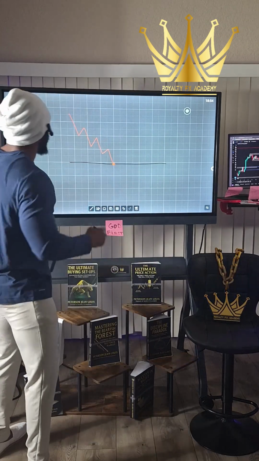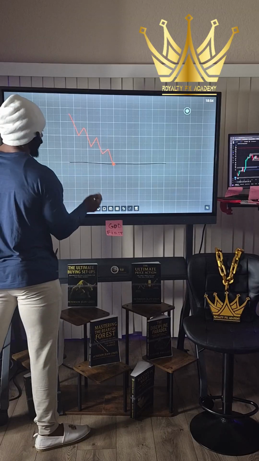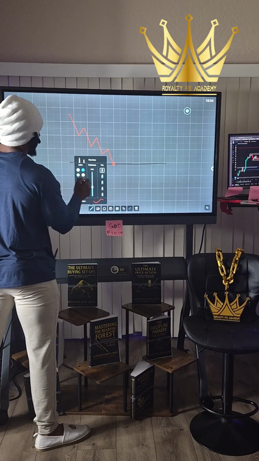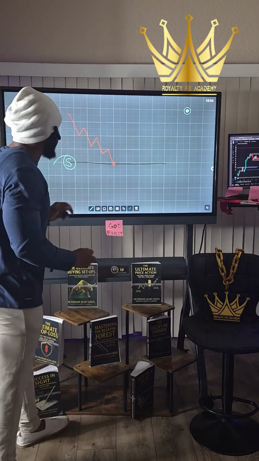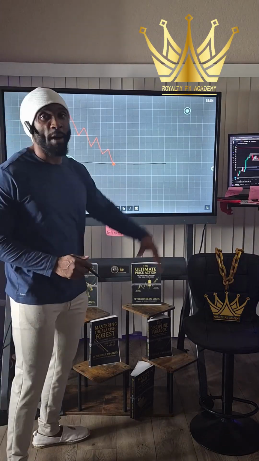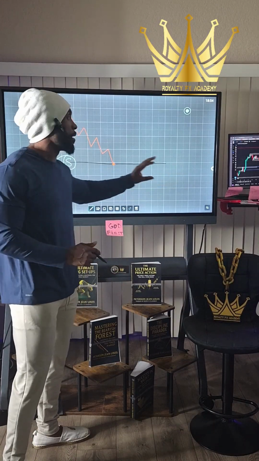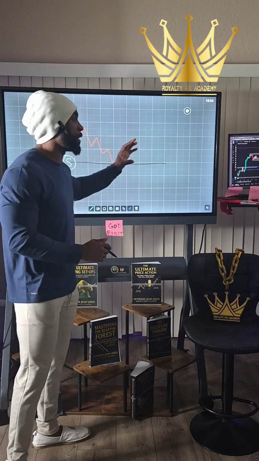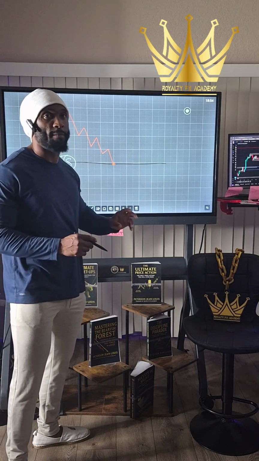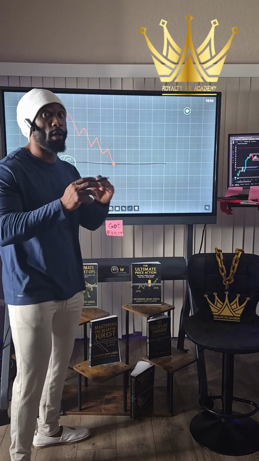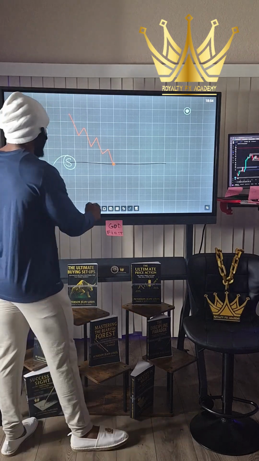If I say, hey, this is a support zone, if I say this is a support zone, right off the bat, you're going to think buy. I don't want you to think that. The only thing you need to think about is it's just a zone. My job is to simply read and react to what the market is giving me, right?